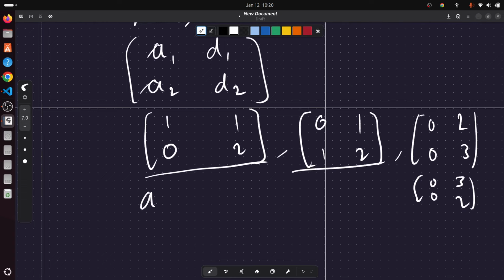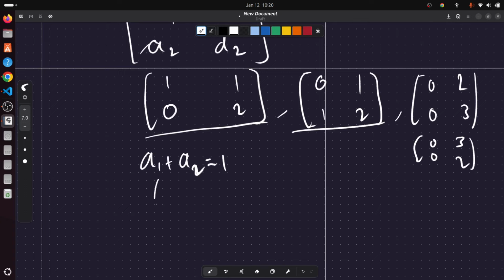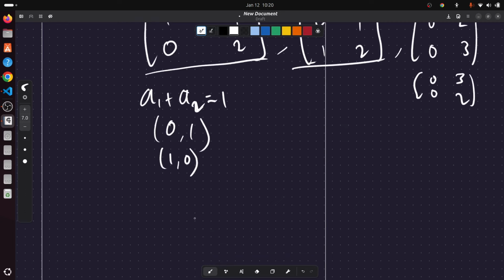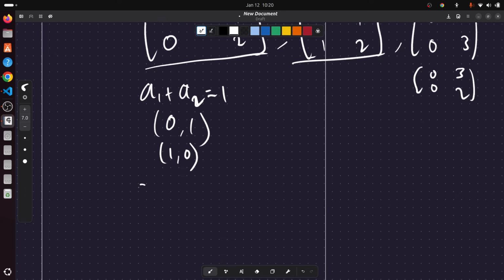So if I have A1 plus A2 equal to 1, what does that mean? That means that either A1, A2 is 0, 1 or it is 1, 0, right? So I am just counting all the matrices which have a 0, 1, and then here they can have anything. But the condition is that the sum should be equal to 5, right?